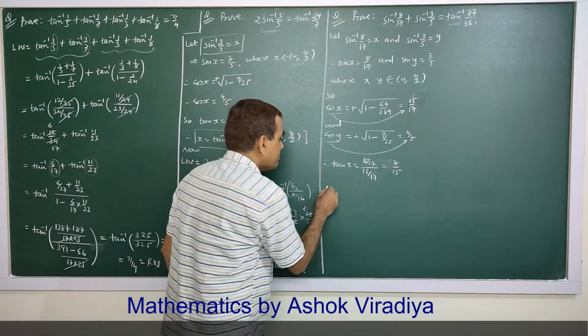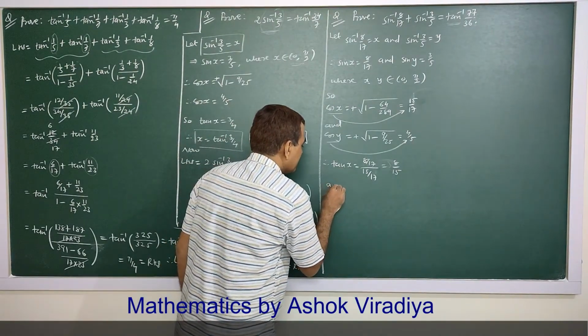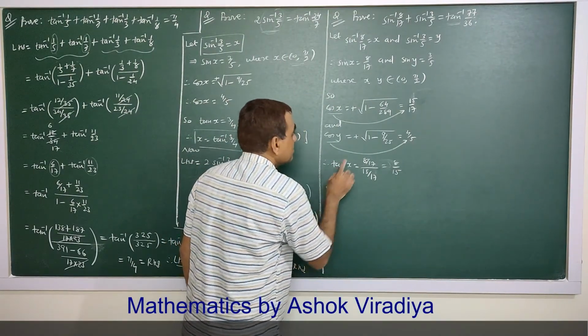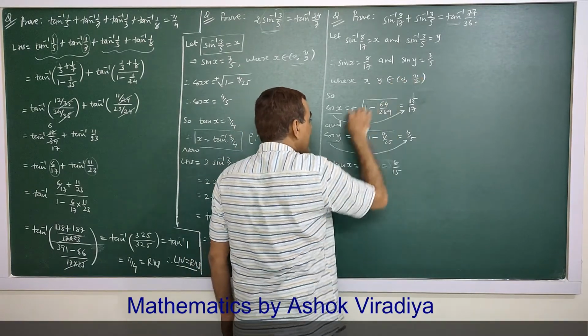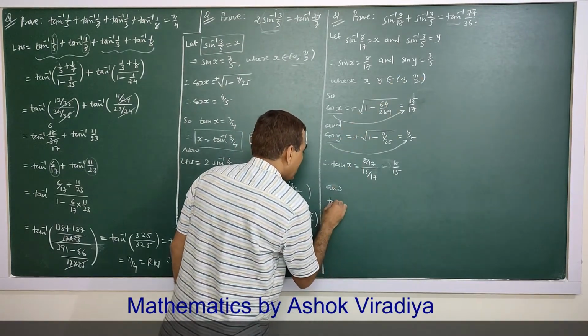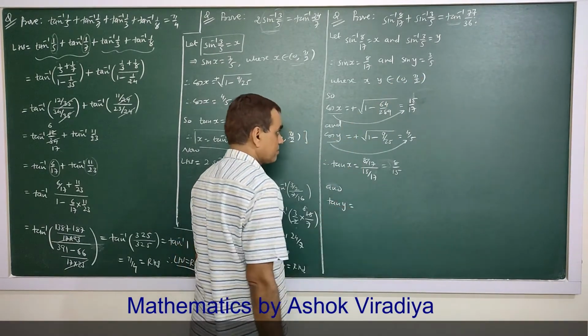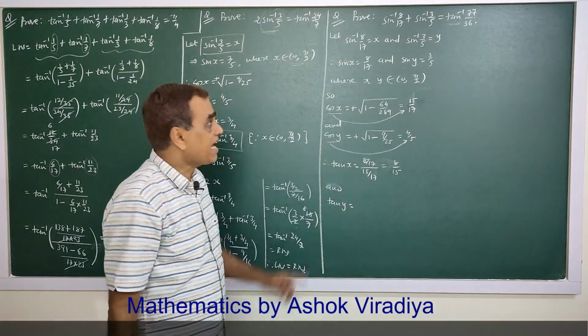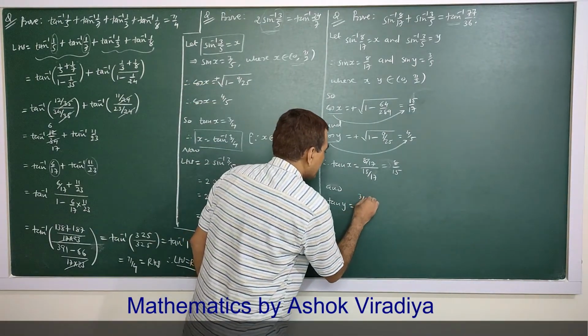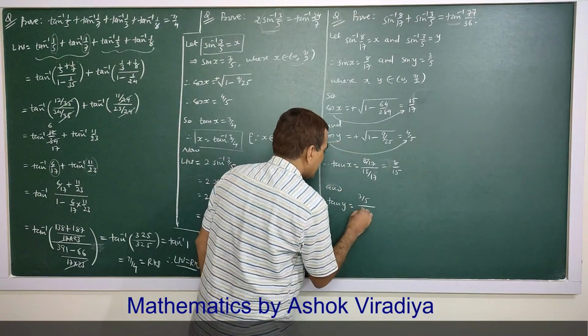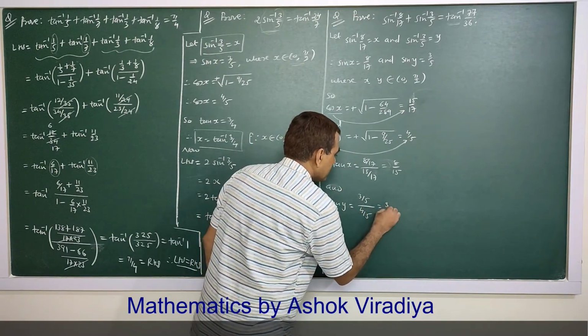Tan x is 8 by 15, and from these values sin y and cos y, tan y is sin y upon cos y, 3 by 4.